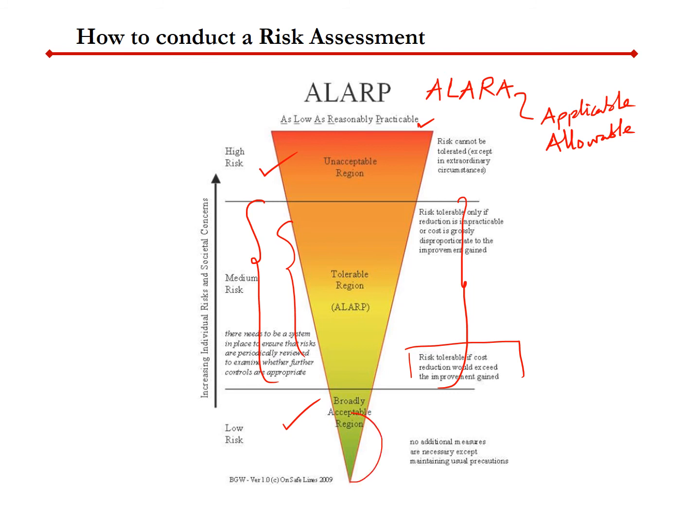Otherwise, we all want the risk to be in the acceptable green region, but this is not always practical or applicable, because it is going to cost a lot, or be extremely expensive, to bring the risk down to that level, and the perceived gains are not worth the cost required to bring the risk that low.